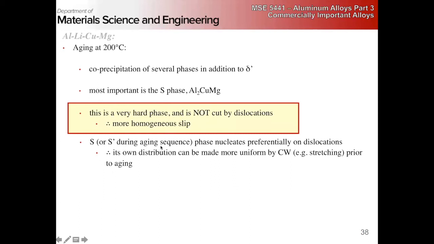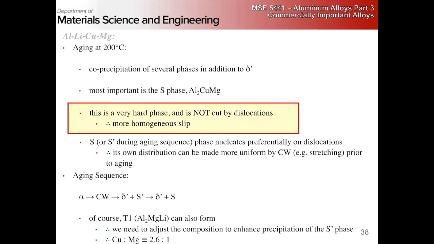There's also an S prime, or an intermediate phase during the aging sequence, but the S tends to nucleate preferentially on dislocations. So we can make the distribution of S phase more uniform by cold work prior to aging. So we have a more uniform set of heterogeneous nucleation sites.